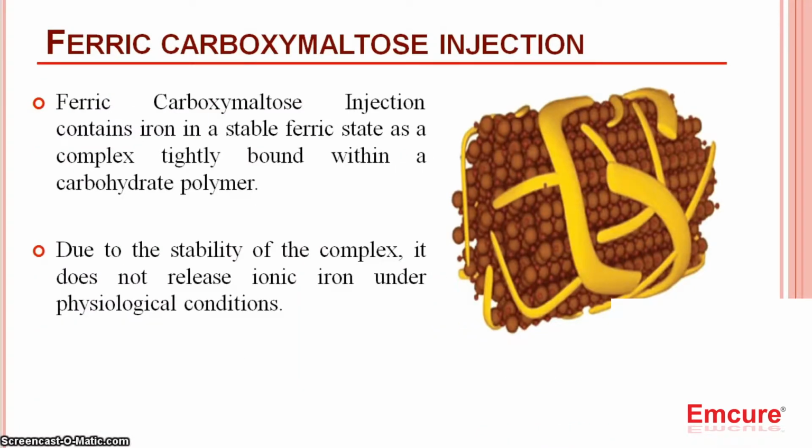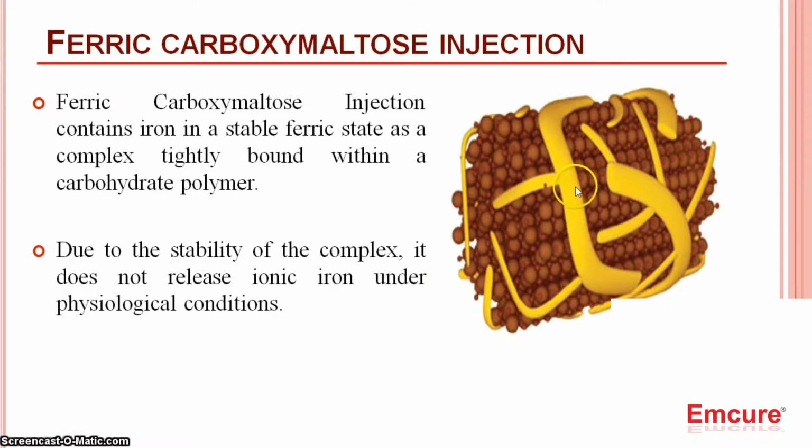So, let us talk about the different properties, how this carboxymaltose moiety helps this injection in binding. Considering the structure of ferric carboxymaltose injection, you can see all the brownish orange is the iron, which is bound by the carboxymaltose moiety, or the carbohydrate moiety.